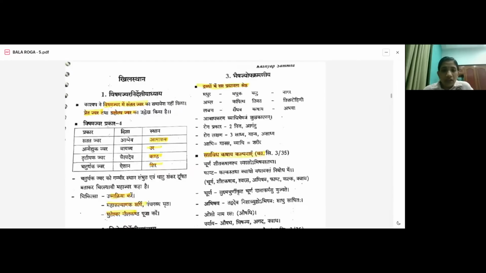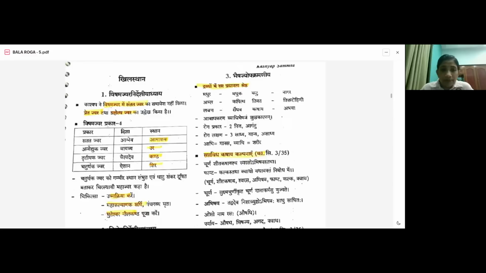Instead, four types of Vishama Jwara are mentioned. Here the sthana of Satata Jwara is Amashaya, and Anyedyushka Jwara has Uras as its sthana. In Tritiyaka Jwara, Kanta is its sthana, and in Chaturthaka, Shiras is the sthana. So you have to remember the sthana and the respective Jwara.